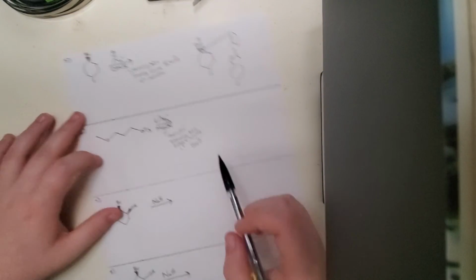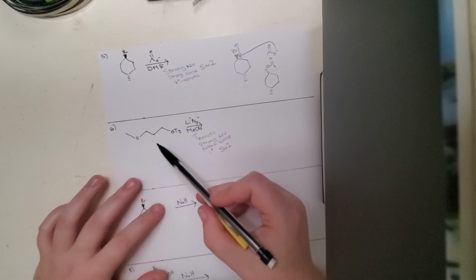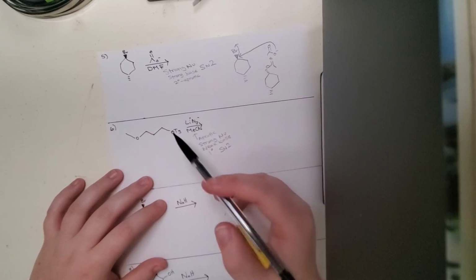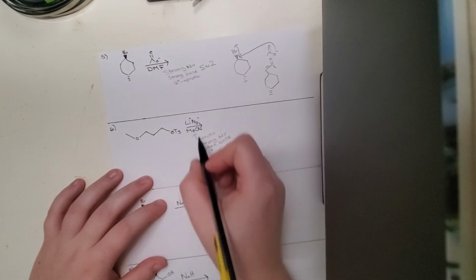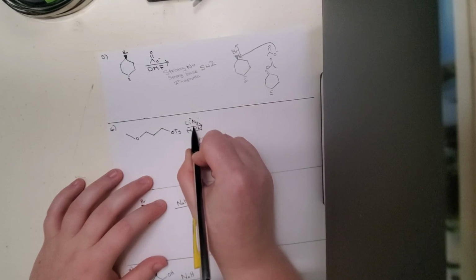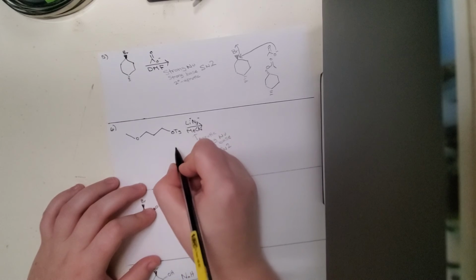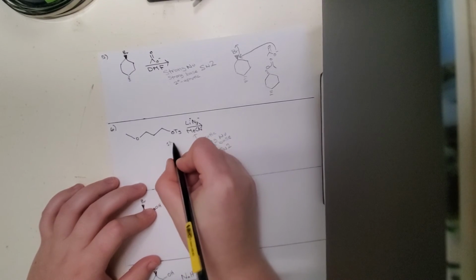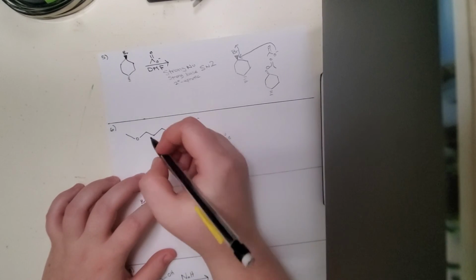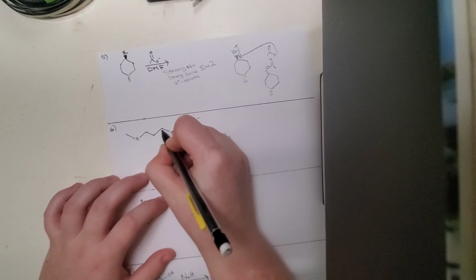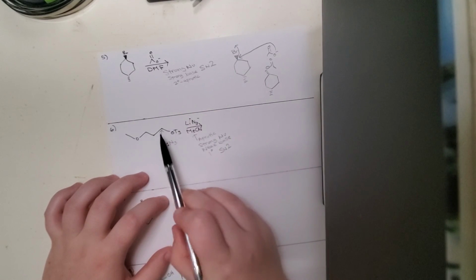But this one I'm just going to keep it like this. Your N3 right here, which is just nitrogen, negative, that's why it's N3, is going to attack these carbons right here.